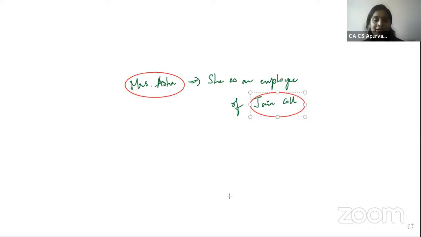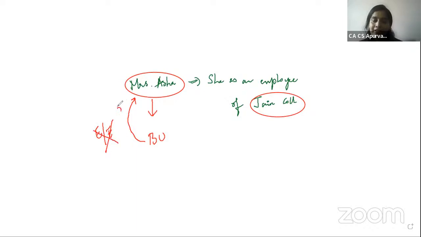Same thing. Now Asha has been deputed for the purpose of evaluating papers at Bangalore University. Bangalore University also pays her a remuneration, but no employer and employee relationship exists between Bangalore University and Asha.